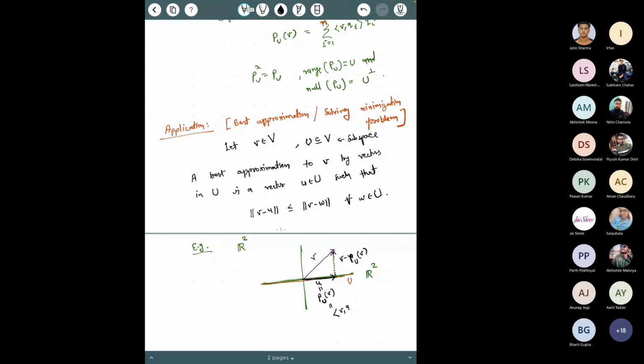V was given, and you know the orthonormal basis for U, because U is also given. So you can compute this, and tell what this vector U would be. This way you can find the closest vector to V from vectors in U.